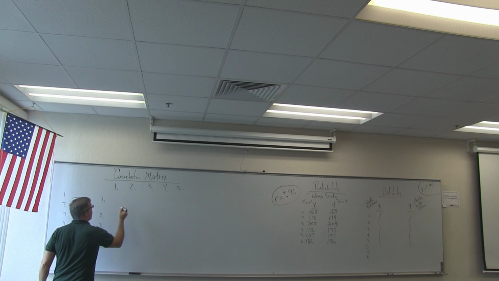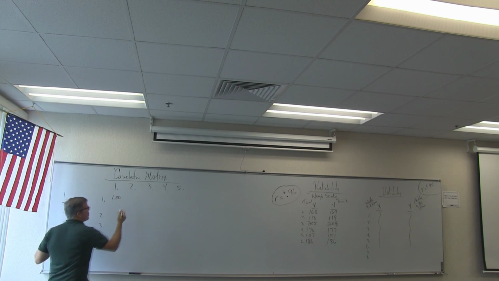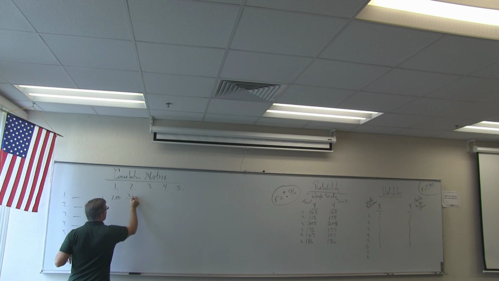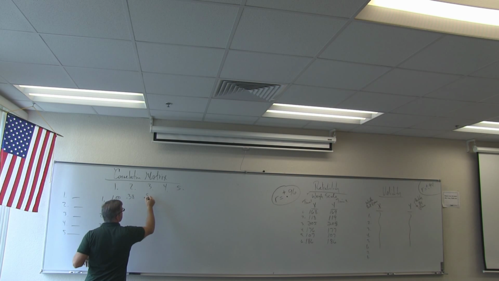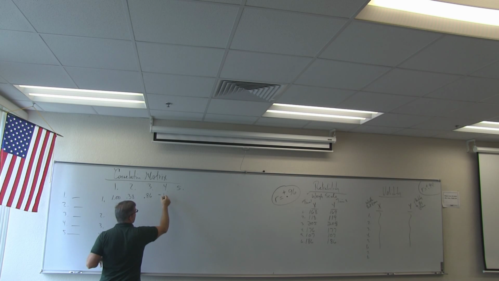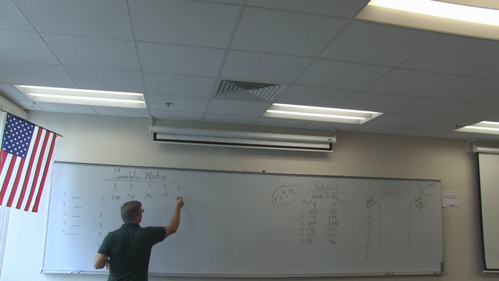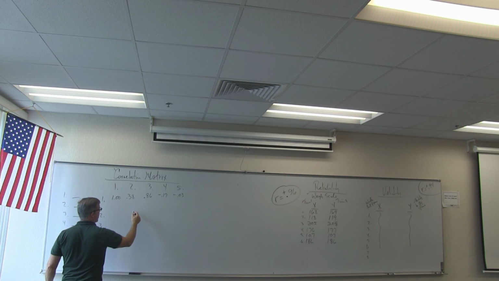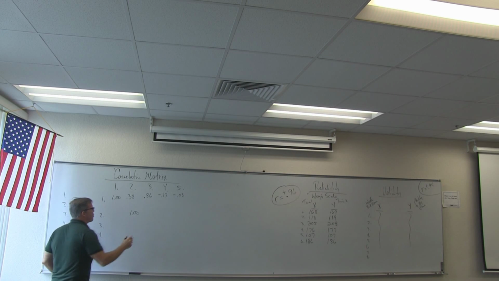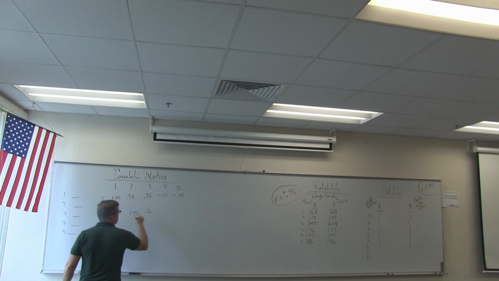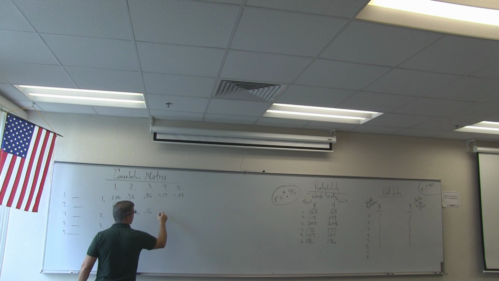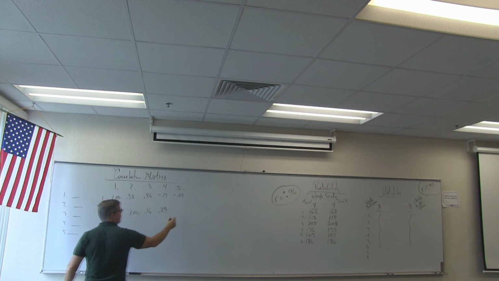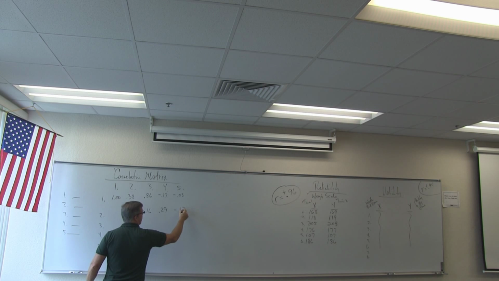The correlation between 1 and 1 is 1 because it's the same variable. 1 and 2, whatever, 0.38. 1 and 3, 0.86. 1 and 4, negative 0.17. 1 and 5, negative 0.03. The correlation between 2 and 2 is 1 because it's the same data. 2 and 3, positive 0.16. 2 and 4, positive 0.29. 2 and 5, negative 0.13.